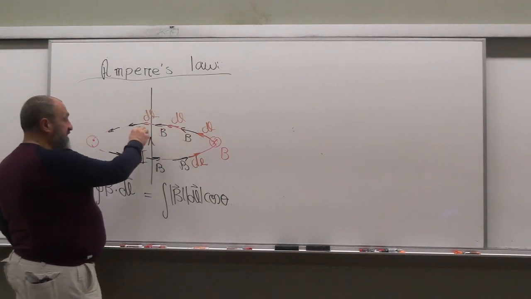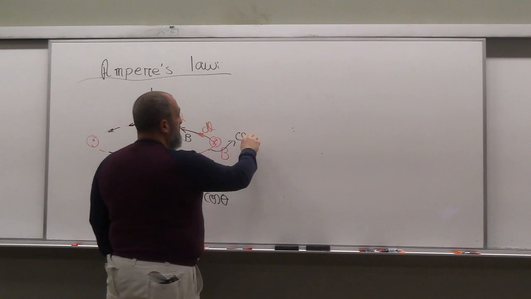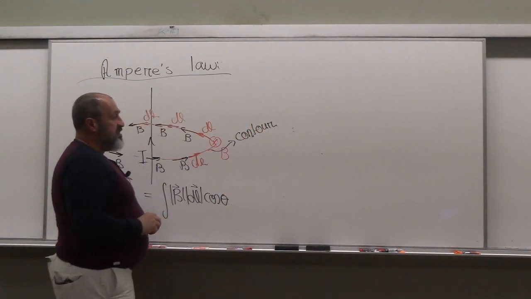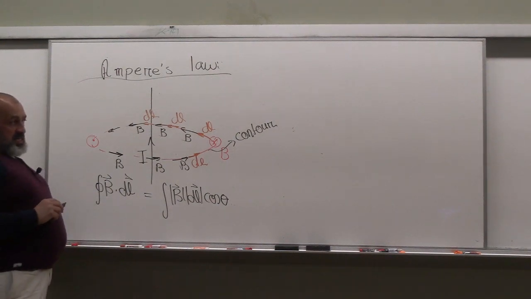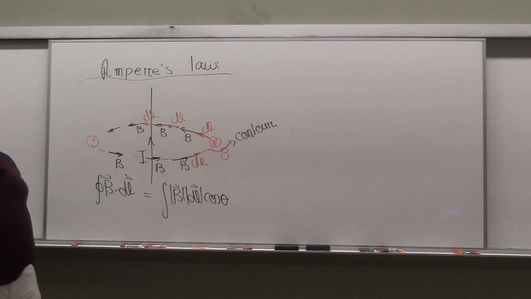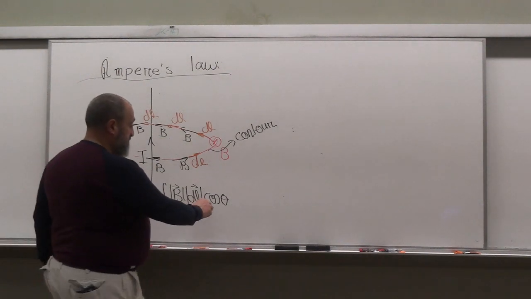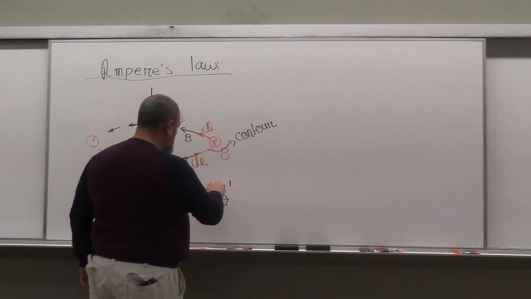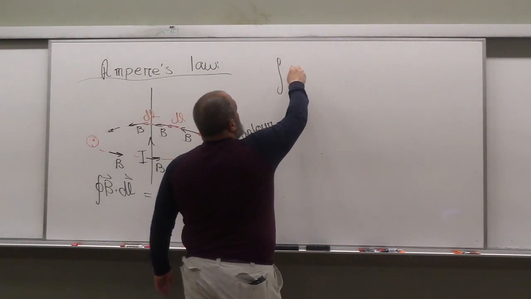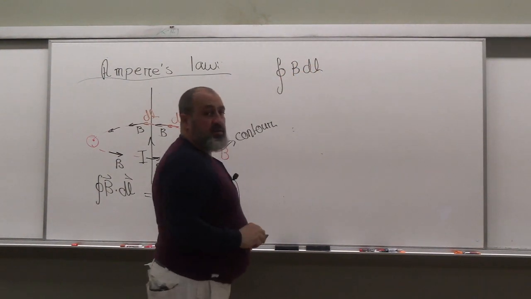So what you have now is the field pointing this way, but this is also your contour around which you're evaluating the integral. So if I go around this contour, I notice that the angle between B and dl is always 0. So the cosine of theta is 1, right? And that's going to be the integral of B times dl over the closed contour.